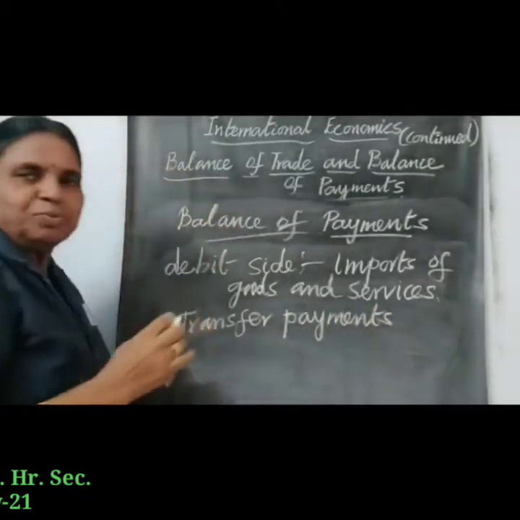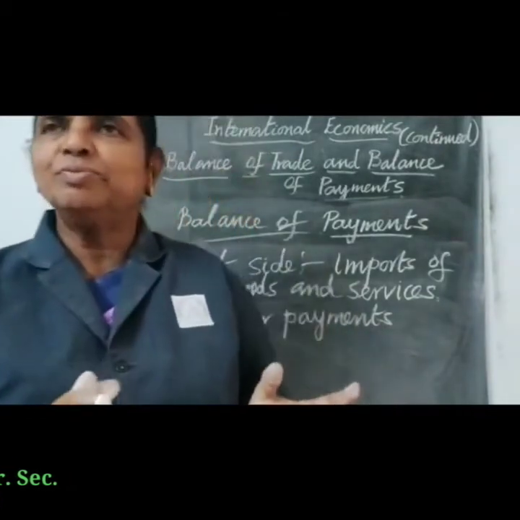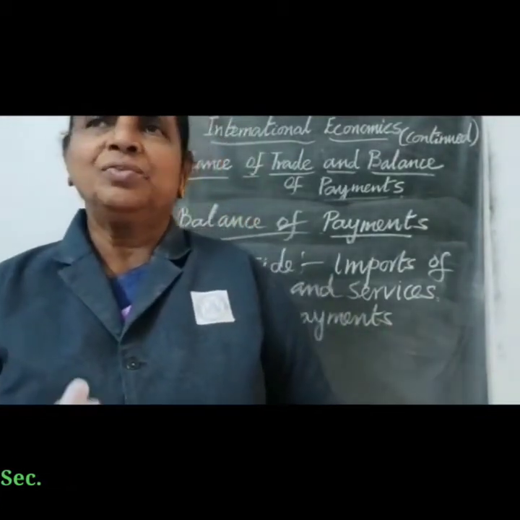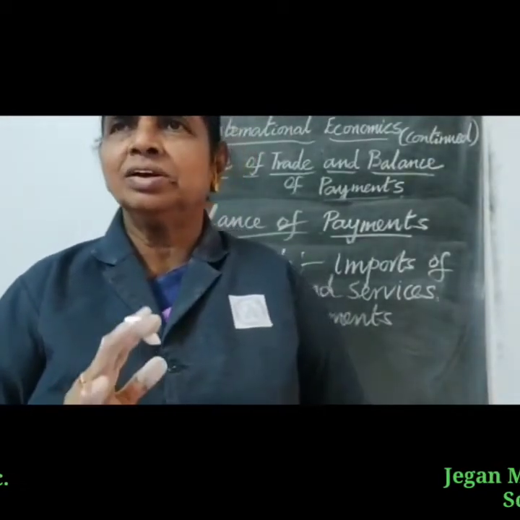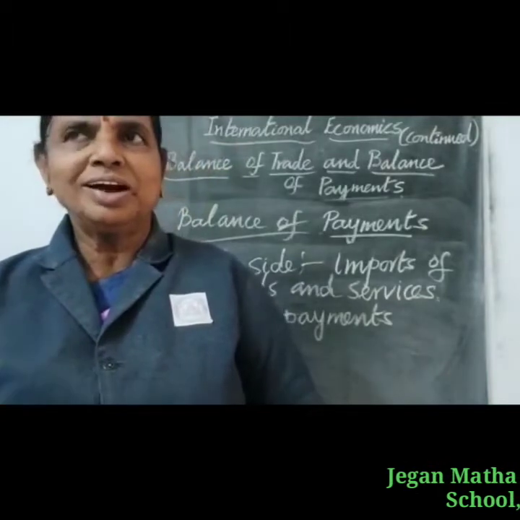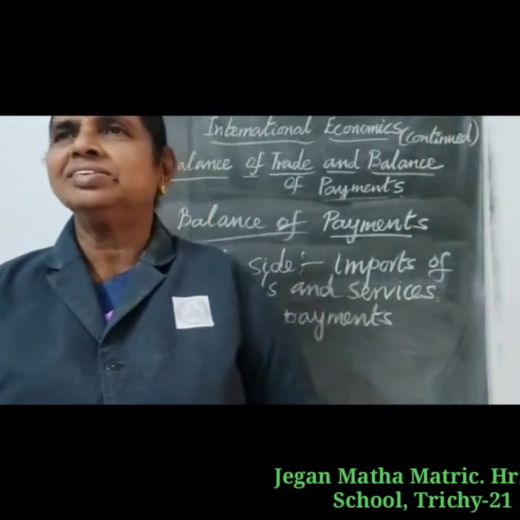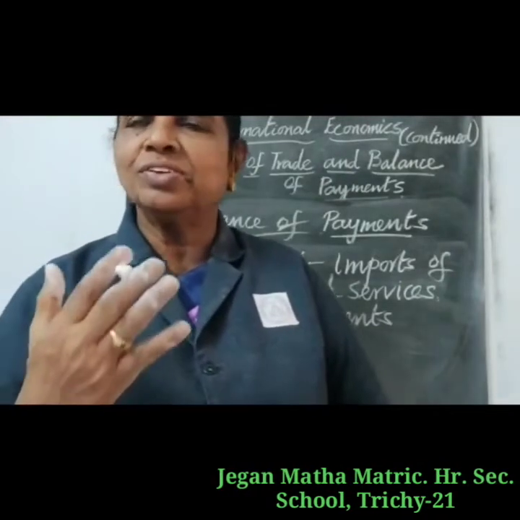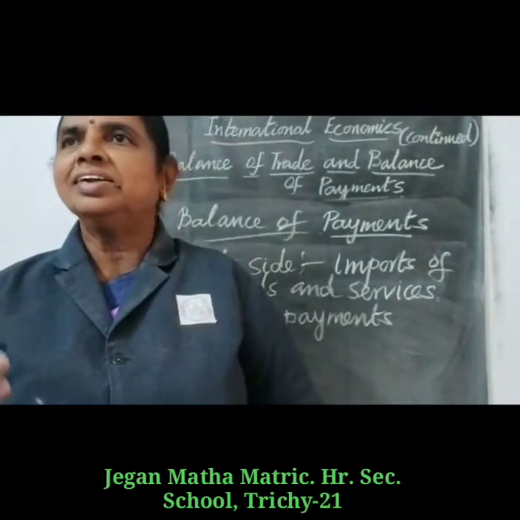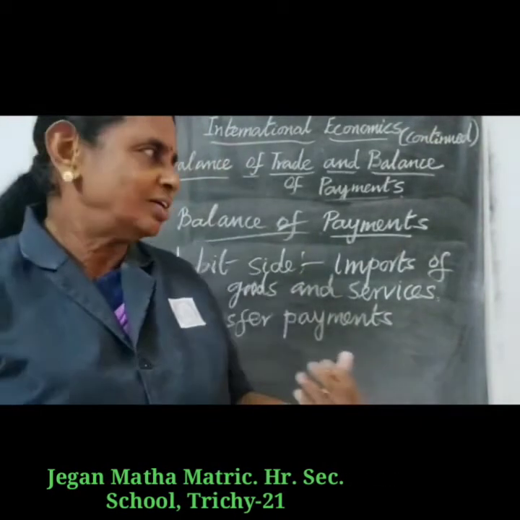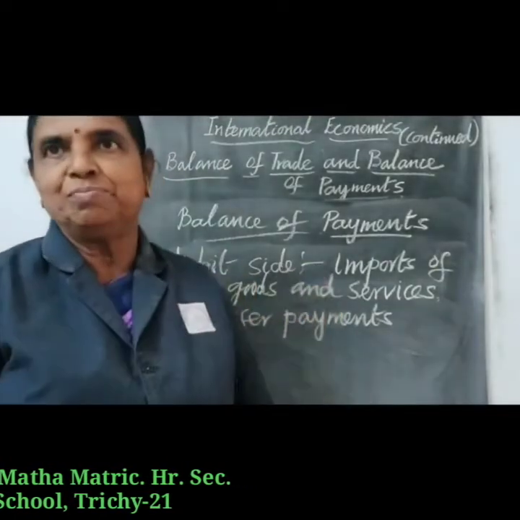So, whatever we pay to the foreign countries, that is transfer payments to foreigners, lending to foreign countries, investments by the residents in foreign countries, and official purchase of reserve assets or gold from foreign countries and international agencies, all come under the debit side, that is transfer payments.